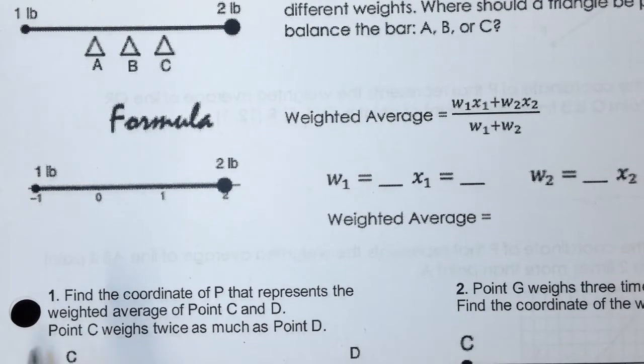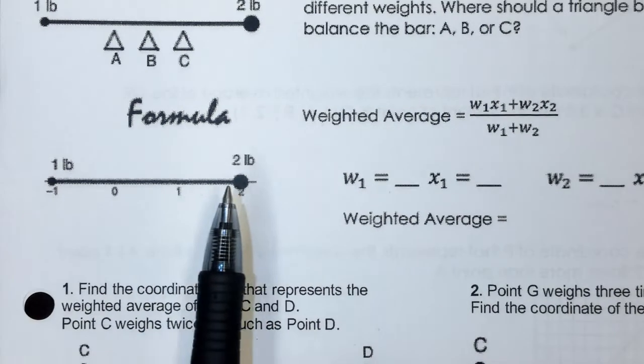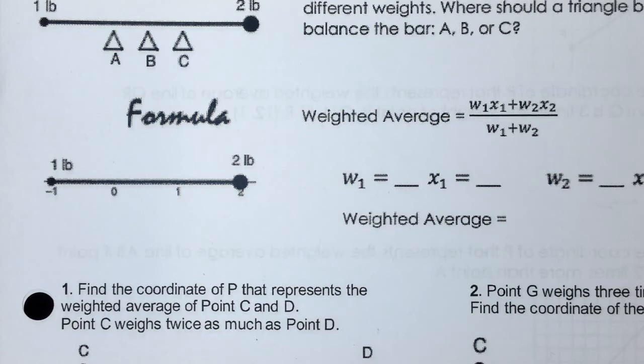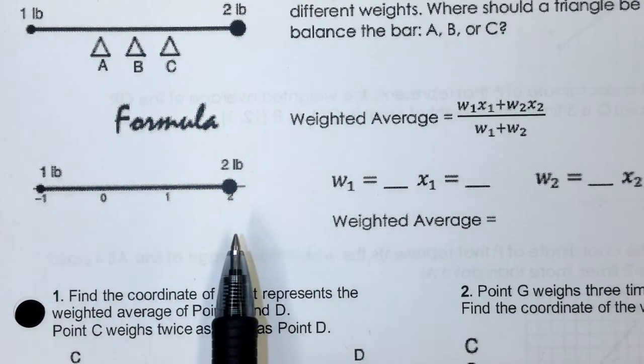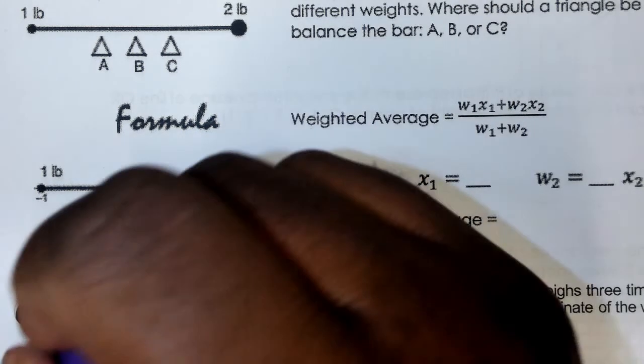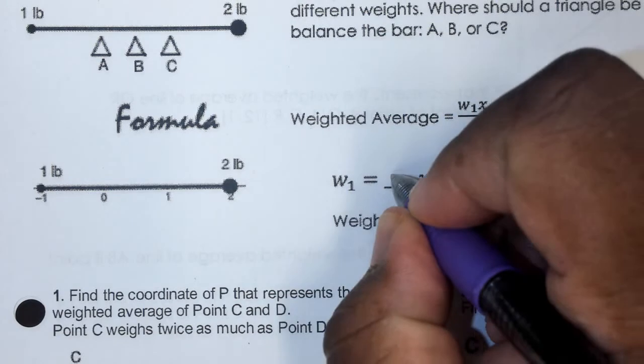Down here, they put the numbers on our little segment so we can see where the 1 pound weight is and where the 2 pound weight is. That's going to be our x1 and x2. Taking this off the figure, we're going to label. My first weight to the left here is 1.